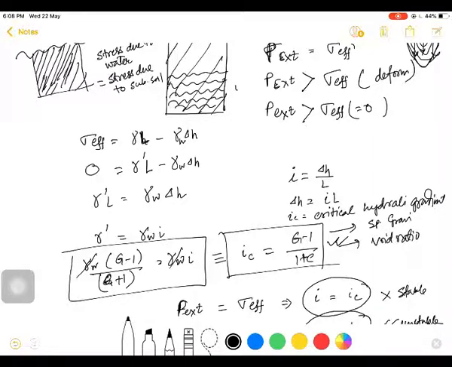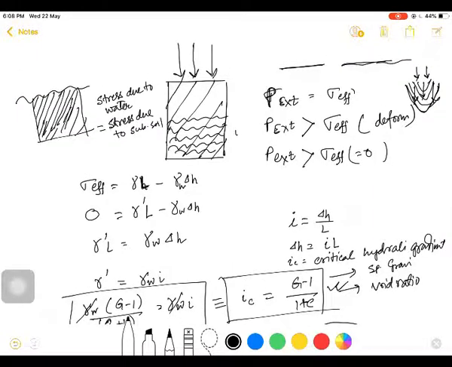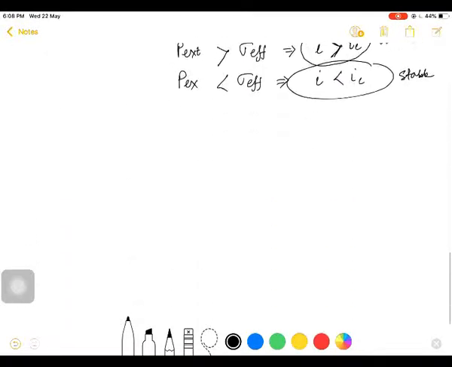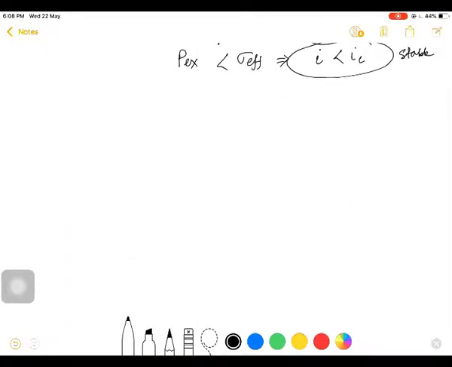So we find out the IC and what kind of gradient we applied, our hydraulic gradient. For stable condition, our applied gradient I must be less than IC. So that is the stable condition.